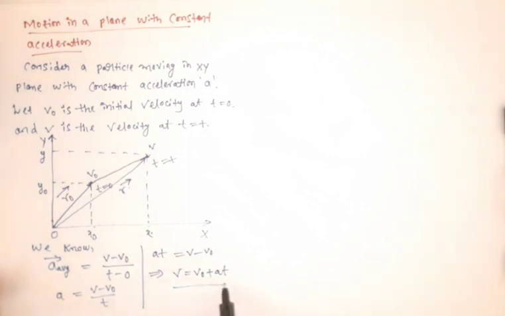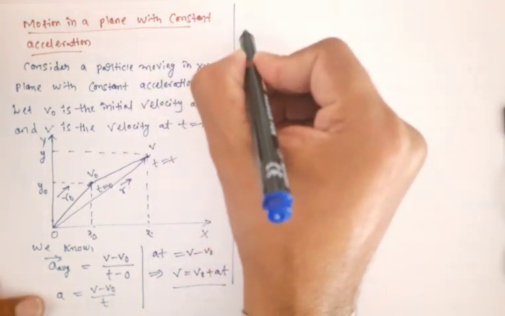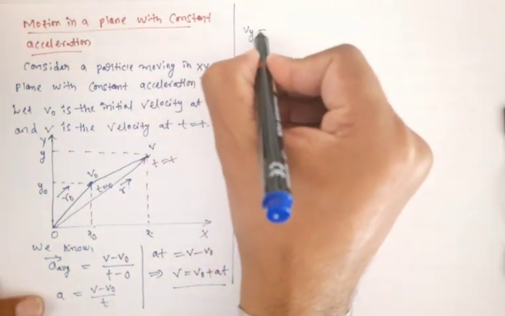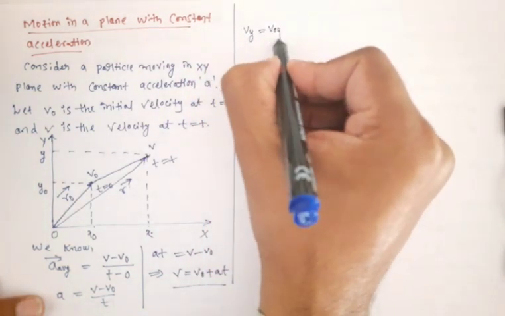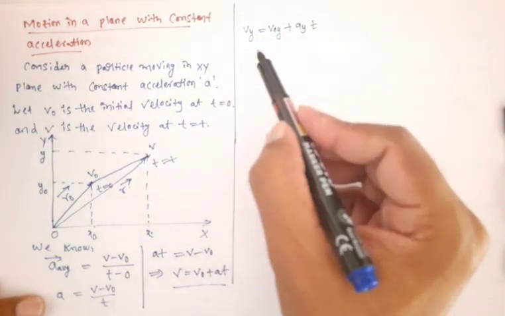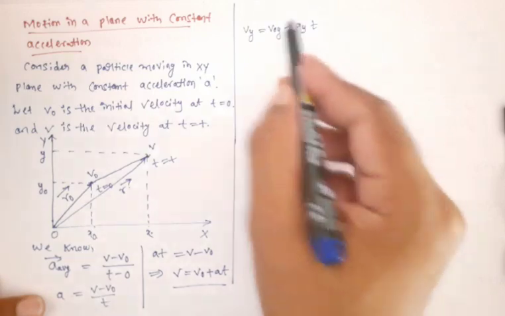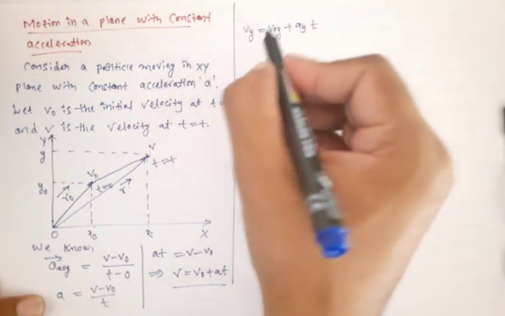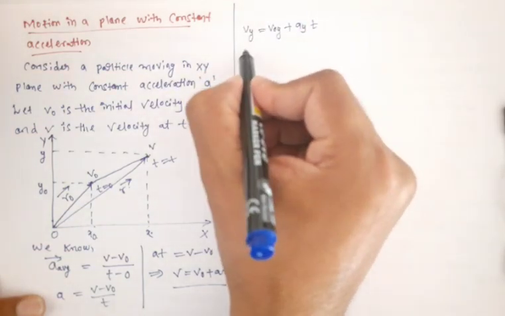Now let us write this one in component form, in x direction and y direction separately. If we write separately here, what do we write? vy is equal to v naught y plus ay into t. I am using subscripts for the directions. Usually we write for x first, I have written for y, no problem.